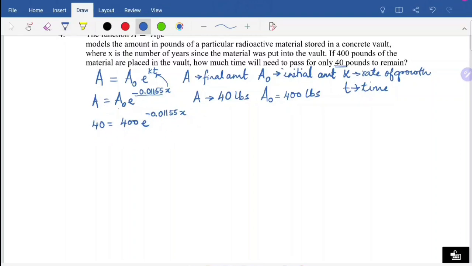The first step is to isolate the exponential part. That means the exponential part is e raised to this power, all right? So we have to isolate it. It has to be by itself. We don't want any appendages to e. So here we have the 400. We have to remove that by dividing both sides by 400. And that way we can isolate the e.